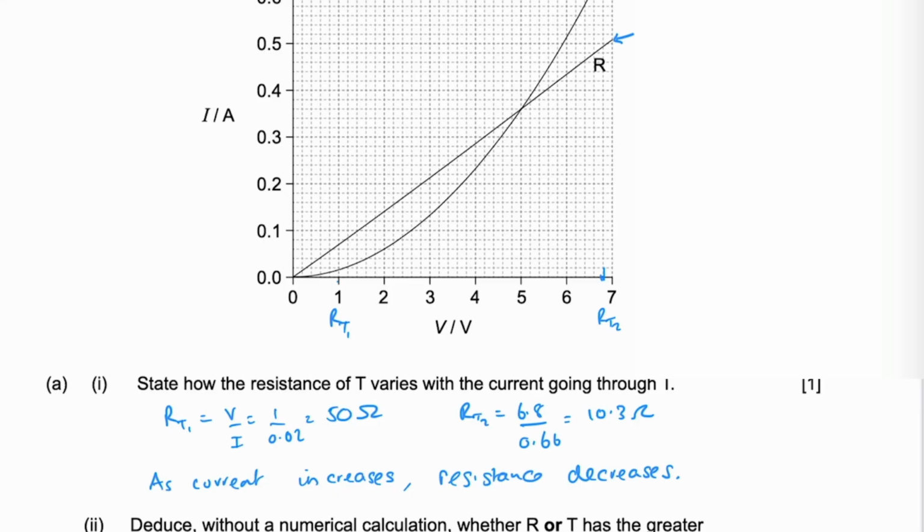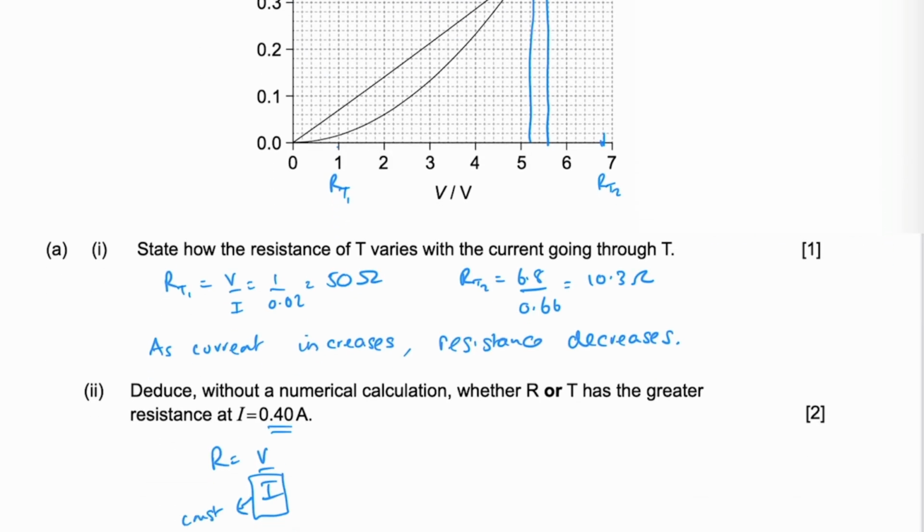Okay, at 0.4, it's got the same current, but the voltage of T is here, and the voltage of R is here. So R has a greater voltage at that point. And if R has a greater voltage than T at that point, then the resistance of R is going to be greater than the resistance of T because of that calculation.